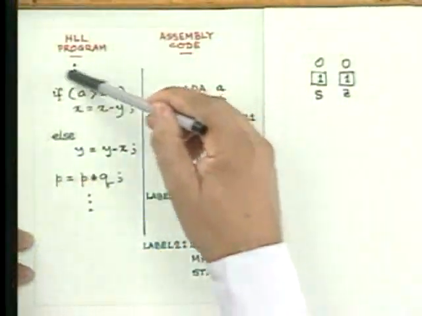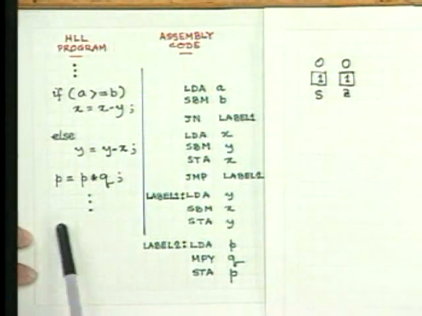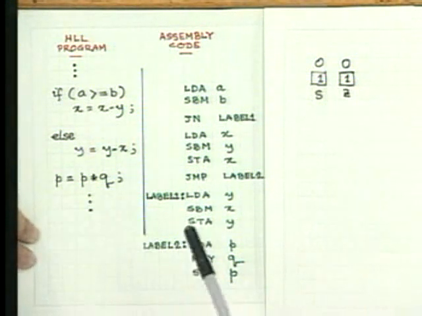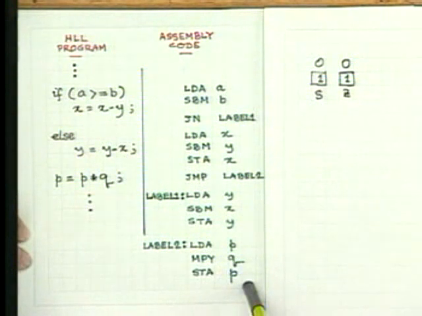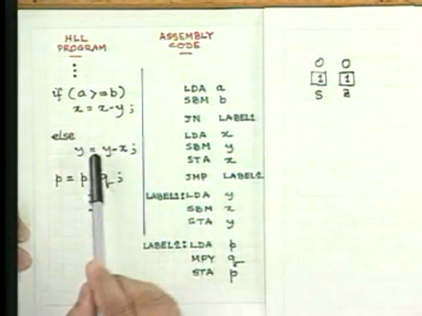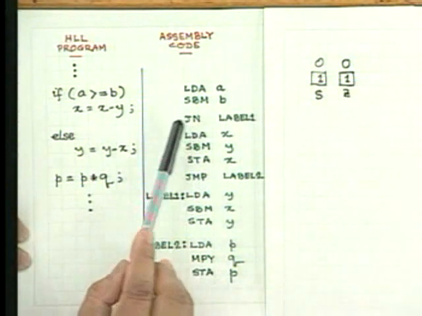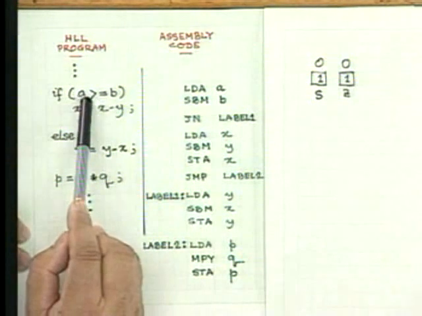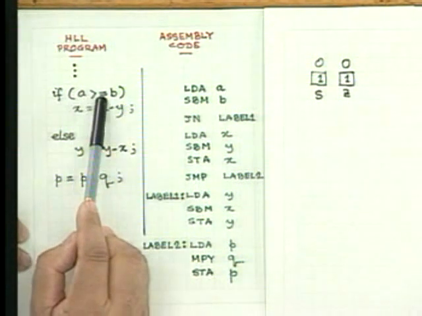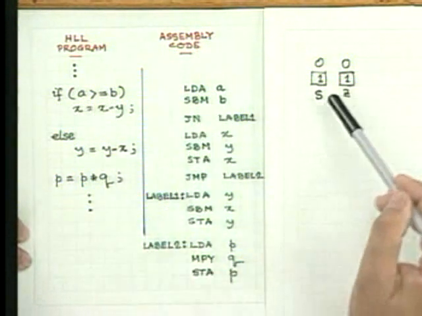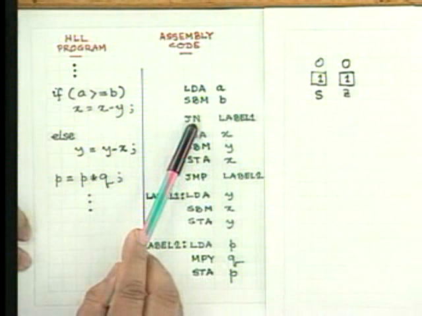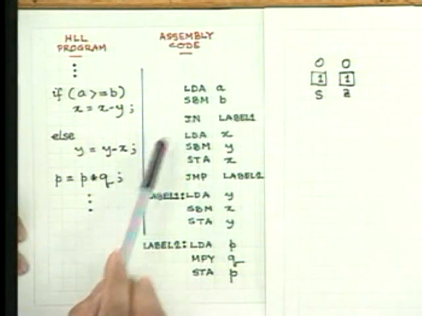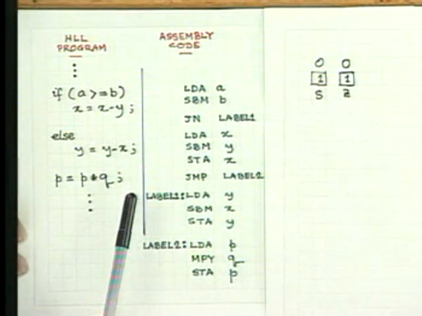We said this is a program, a typical high level language program that we had taken. This is the assembly language code. As I've already explained, this does the job of checking whether A is greater than or equal to B or not. The flags are set. Depending upon the flag, the jump negative takes place or does not take place.